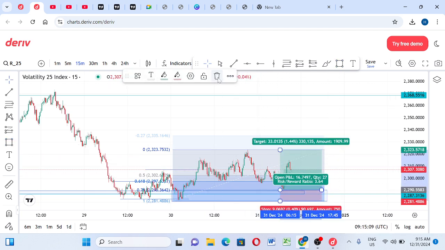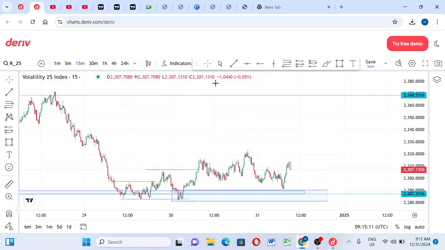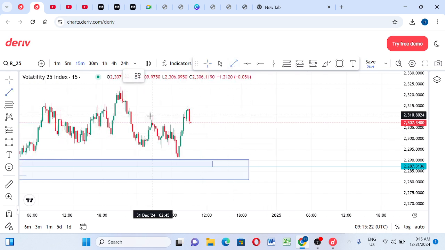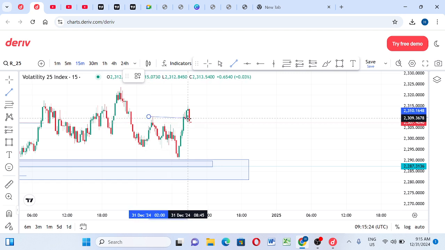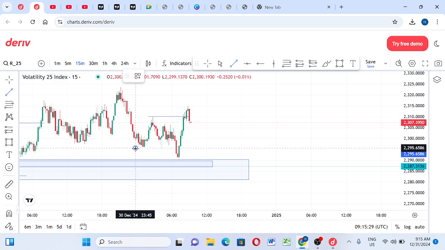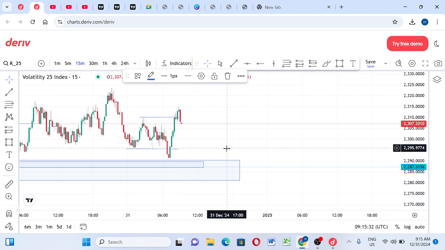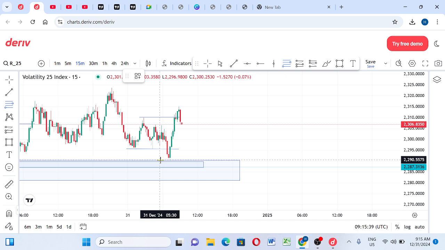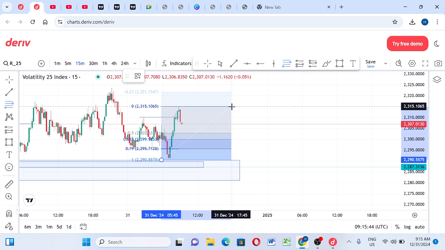There could possibly be a kind of re-entry here coming up soon, because we can see a break of structure at this point, and we can see our liquidity being taken to the downside at this point very clearly. So if this price is going to be dropping, it should drop between this area and this area on the smaller time frame.